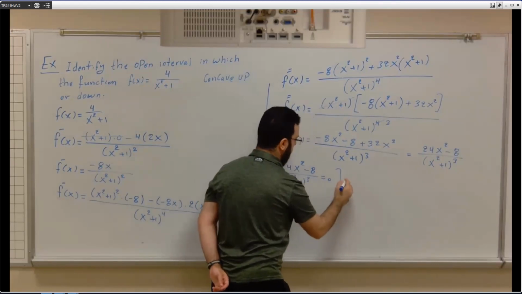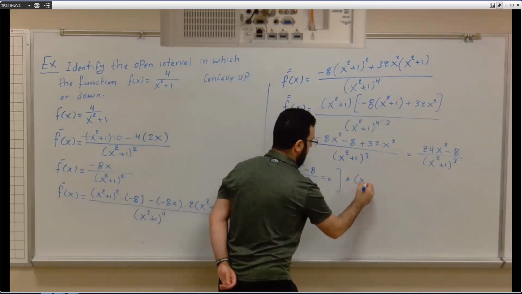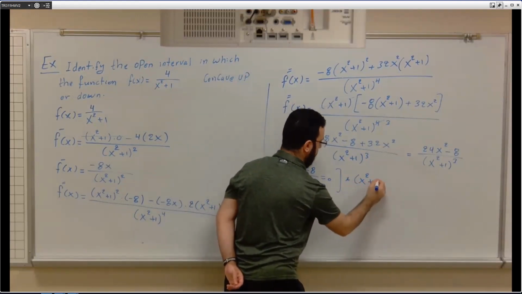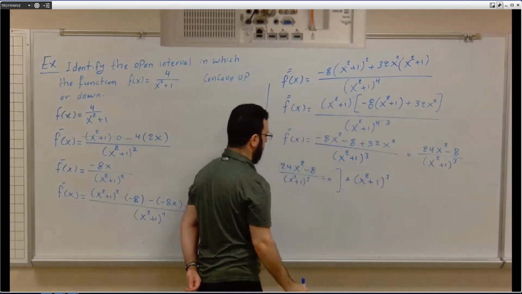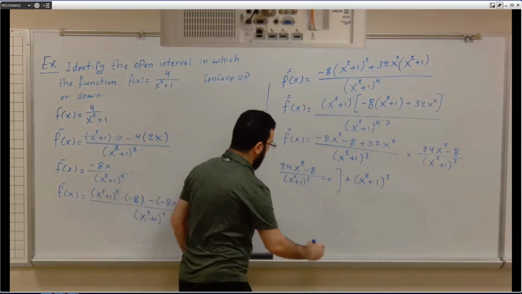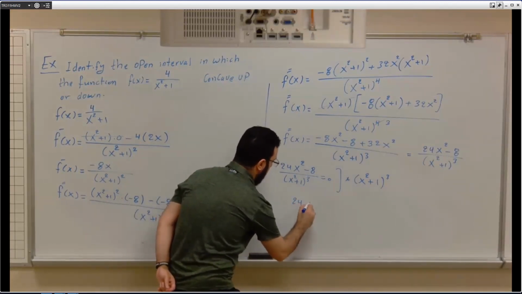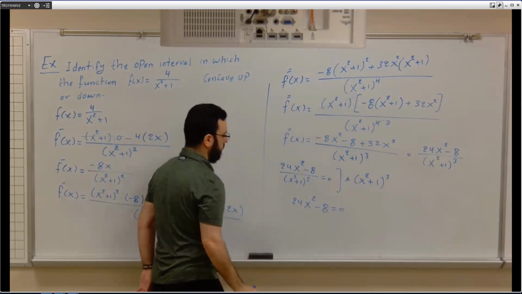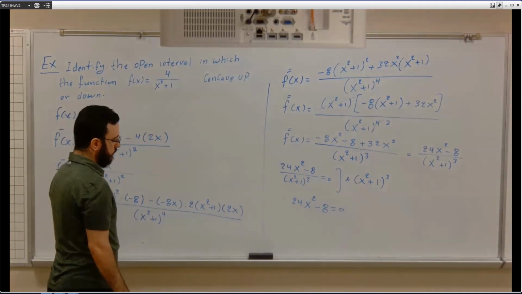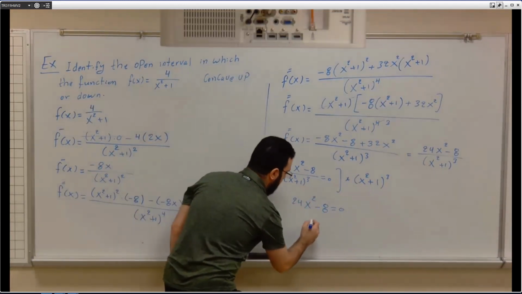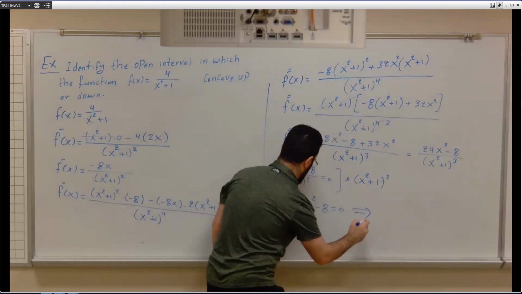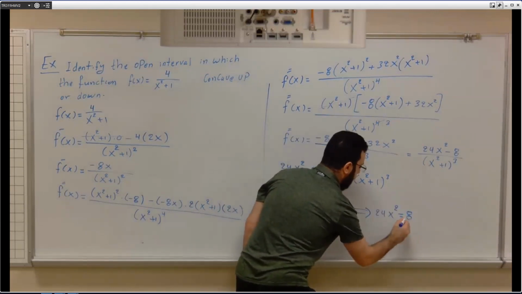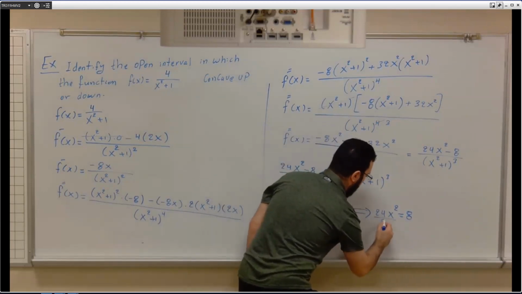Multiply this one, I multiply by x squared plus 1. We're going to cancel this part. So what's left is 24 x squared minus 8 equal to 0. Move the 8 to the other side: 24 x squared equals 8, and divide by 24.